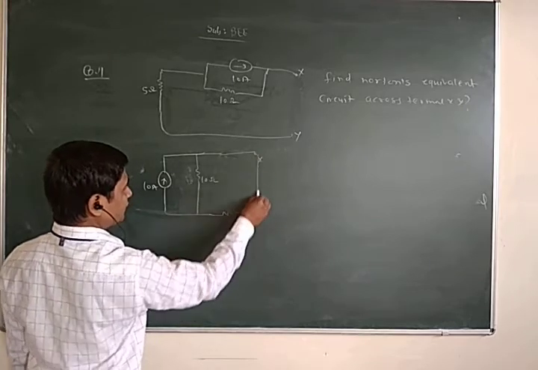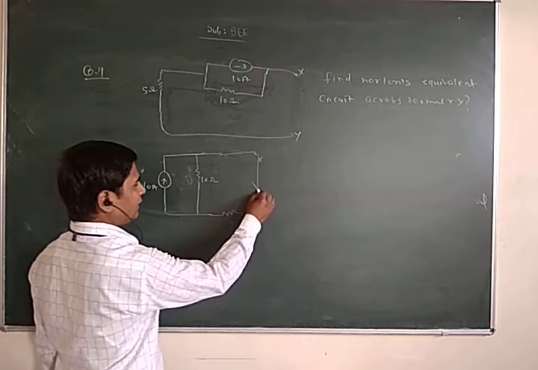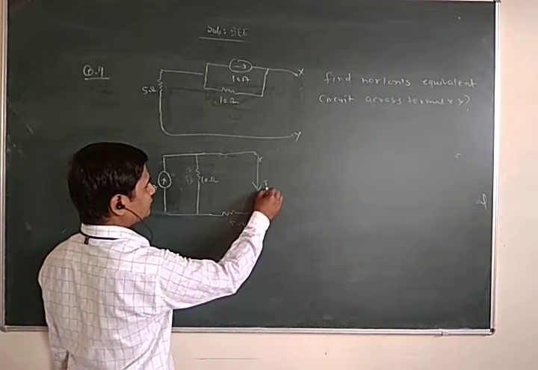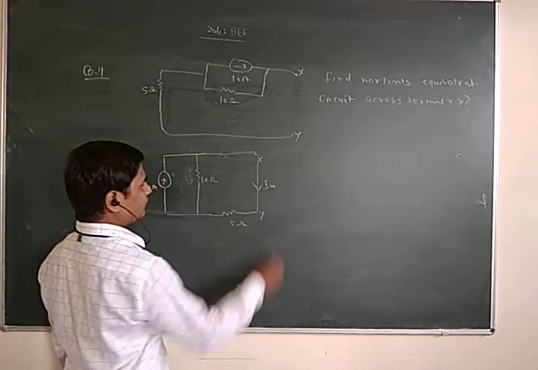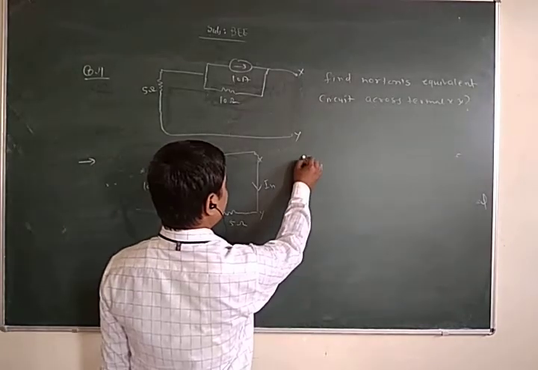Now we short these terminals and find the current in the shorted branch, IN. We use the current division rule.